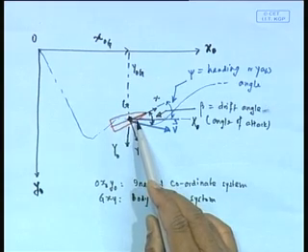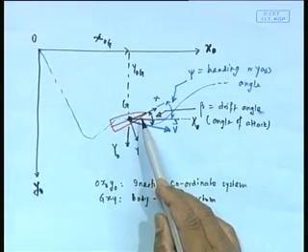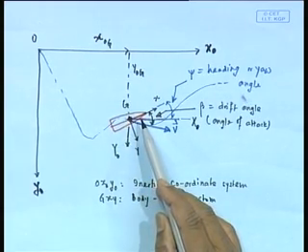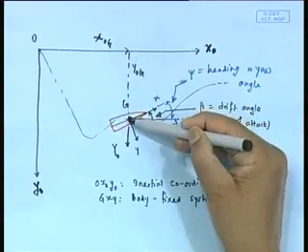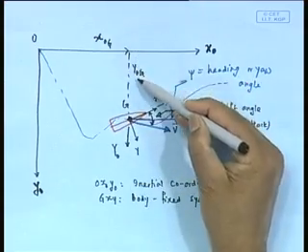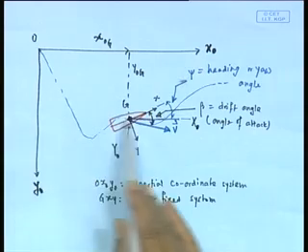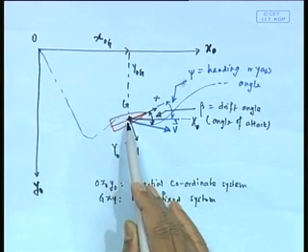I have to have an equation of motion that tells me mass into acceleration is equal to force. On this side my acceleration is y double dot og, and on this side it is x double dot og.